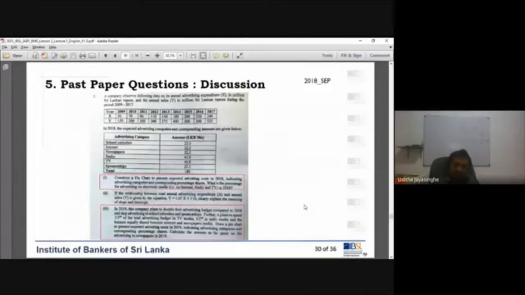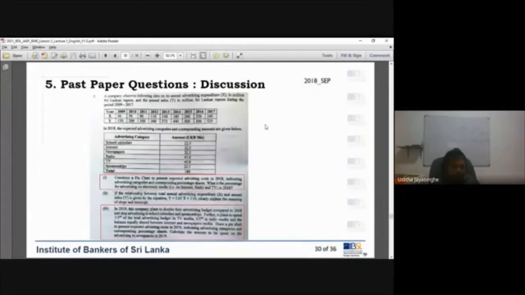Okay. Look at this question. The company observes the following data on annual advertising expenditure given in X variable in million Sri Lankan rupees. It's 50 million, 70 million, likewise from 2019 to 2070. This top table is given like that. And Y is annual sales in million Sri Lankan rupees.